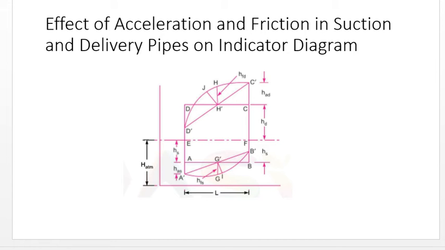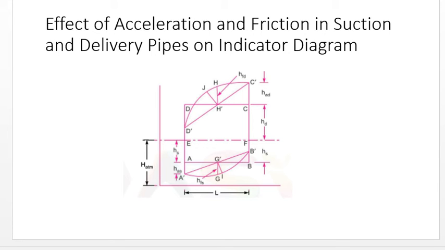If we discuss the effect of acceleration head on indicator diagram, we had studied this in the last video, that after showing the effect of acceleration, the indicator diagram will become this A dash, B dash, C dash and D dash. This will be the indicator diagram after the effect of the acceleration head.